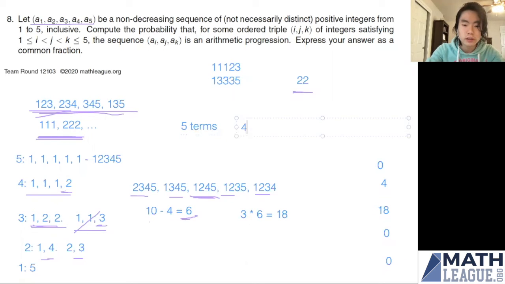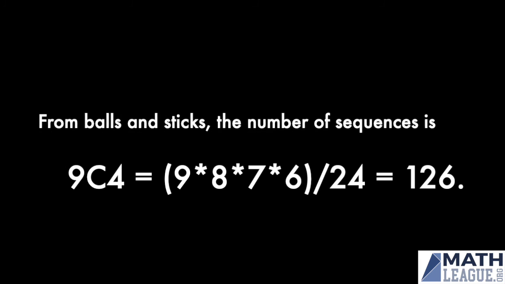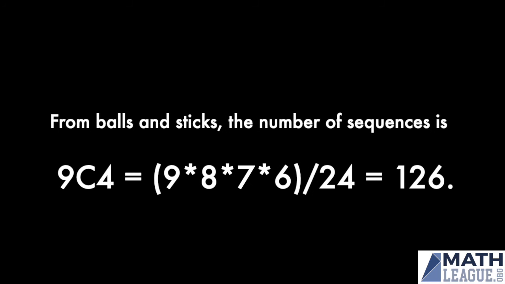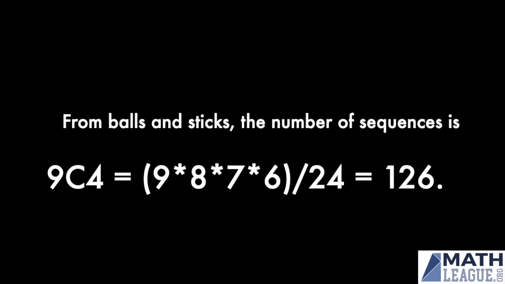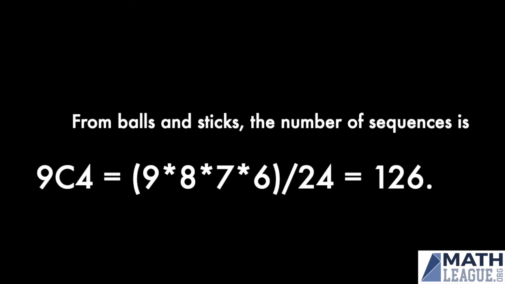So we choose 9 choose 4 ways to arrange these. So we get 9C4, which is equal to 9 times 8 times 7 times 6 all over 24, and this is equal to 126.